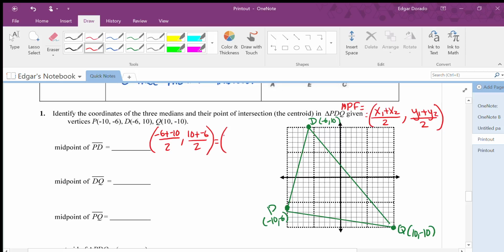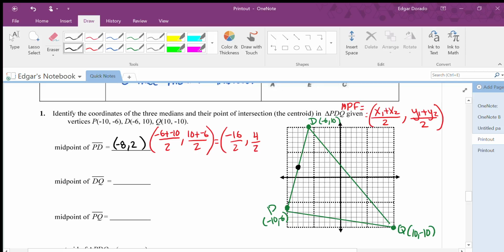This is going to be -16 over 2, comma, 4 over 2. So that'll reduce all the way down to -8, comma, 2. So -8, comma, 2, I'm going to go ahead and draw right there my midpoint.